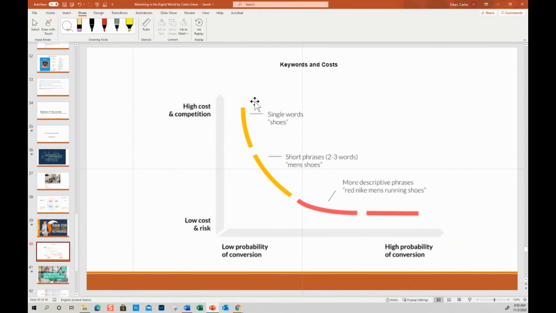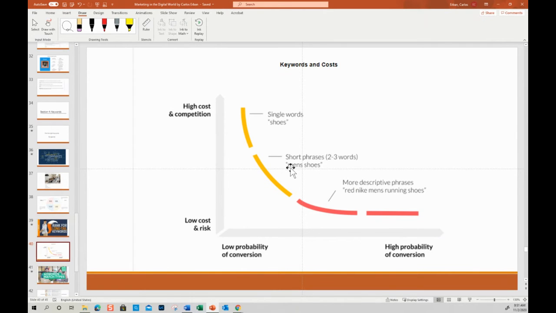Okay, so basically, let's talk about this graph a second. When you have words that are very generic, like shoes, you're going to have very high cost and competition because there are so many websites that use the word shoes, and you're competing with a Nike store. So your probability of conversion, meaning converting somebody to actually buy your product, is going to be very low.